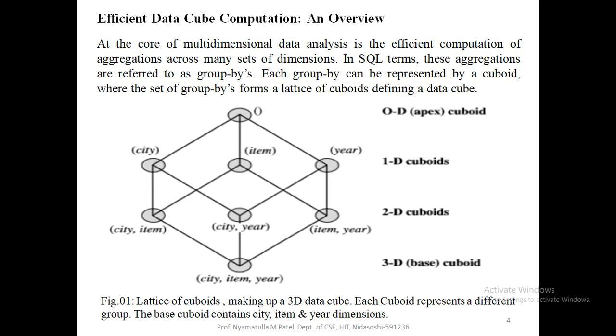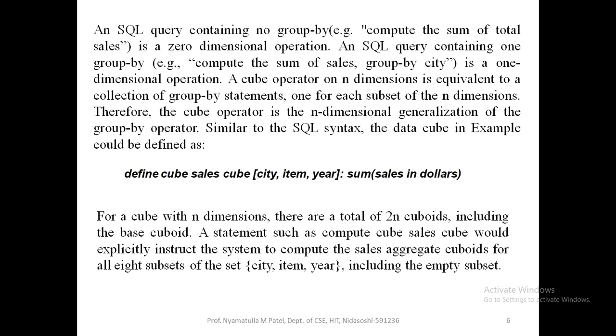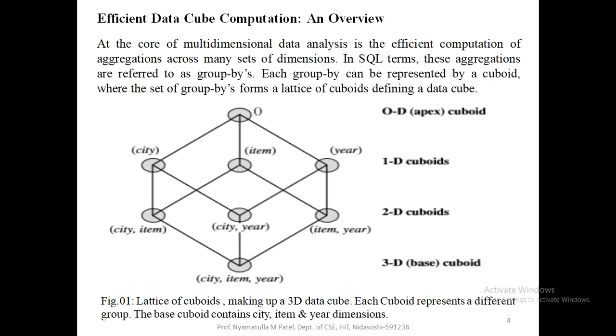The base cuboid contains all the 3 dimensions, that is the 3D base cuboid: city, item and year. It can return the total sales for any combination of 3 dimensions. So, it will give you the total sales with respect to all the 3 dimensions.